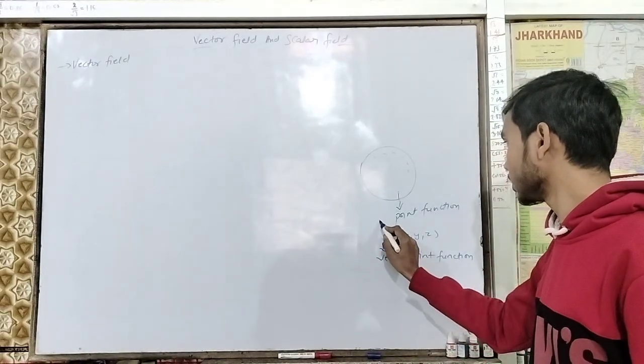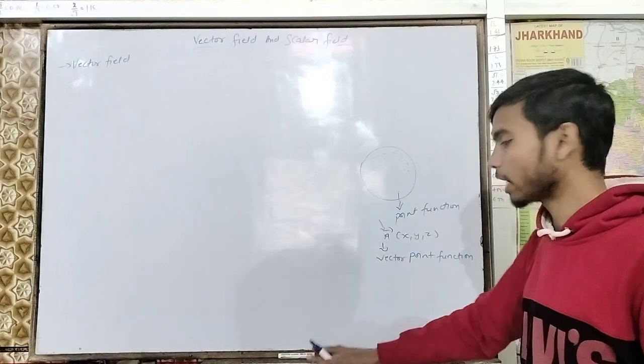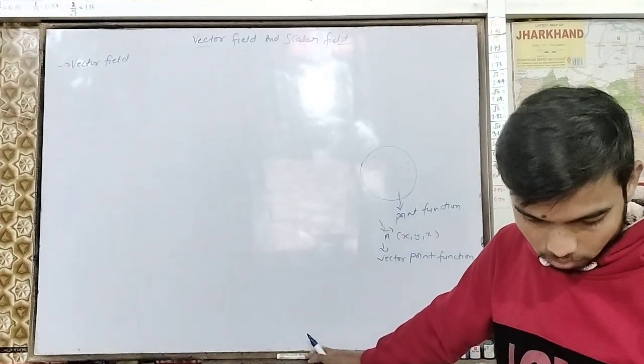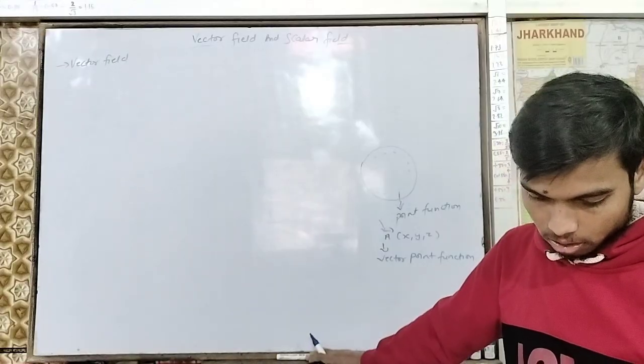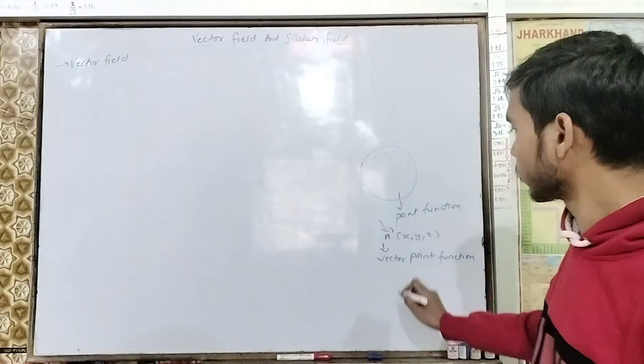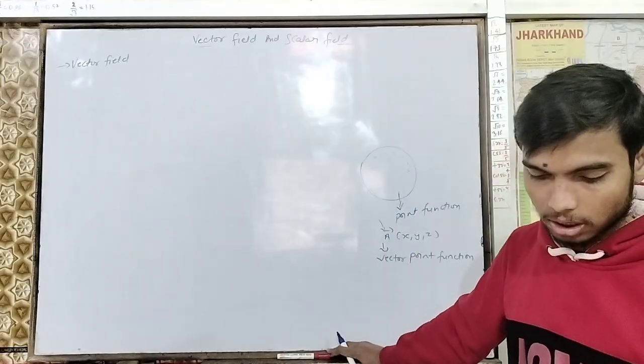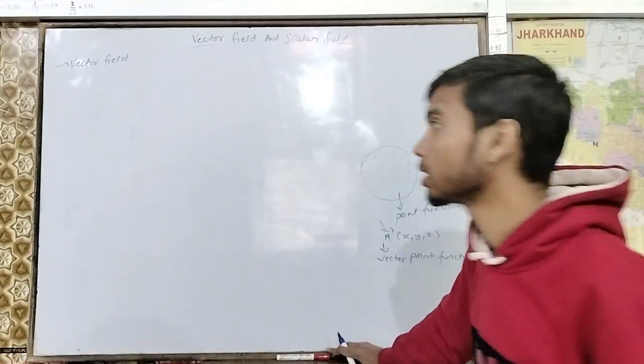How vector field? From this arrow we are saying this is a vector field. So I hope you understood what this is. This is nothing but a vector point function.